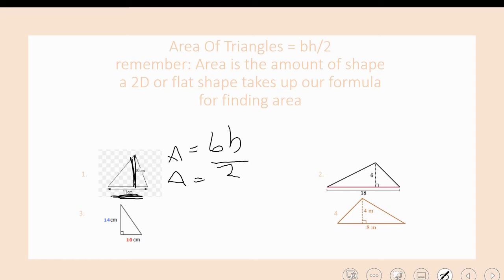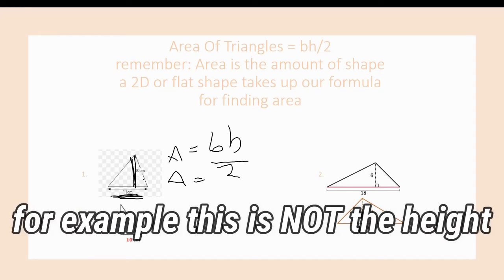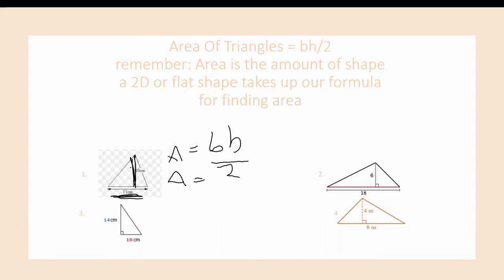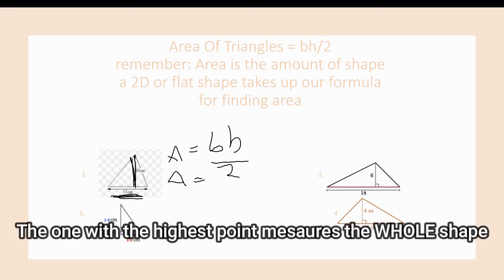For example, this is not the height. This is not the height. The height is this, because the height has to start from the corner, from the highest point. So if they give you three numbers, you have to pick the one from the highest point, because the one from the highest point measures the whole shape.